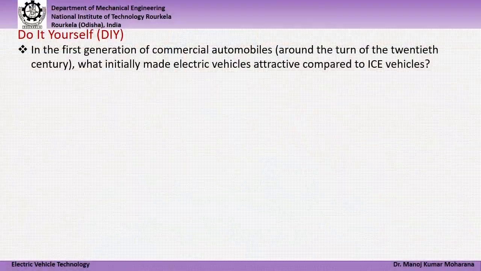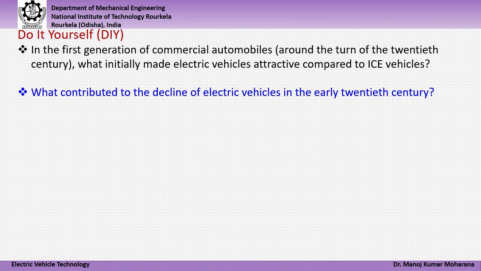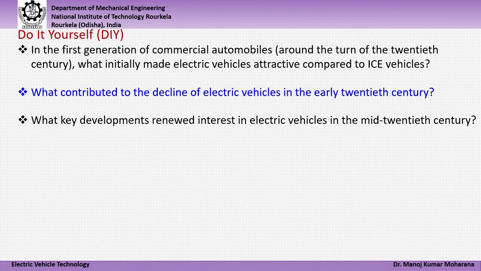Here what you can do is, in the first generation of commercial automobiles during the 20th century, try to understand what initially made electric vehicles very attractive compared to IC engine vehicles. Secondly, try to understand what contributed to the decline of electric vehicles in the early 20th century. Then you can collect information on what key developments renewed interest in electric vehicles during the mid 20th century among the scientists of that time.